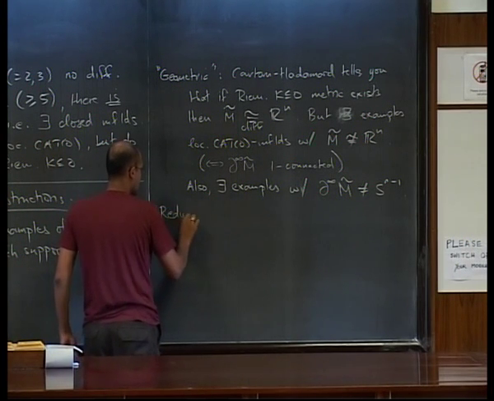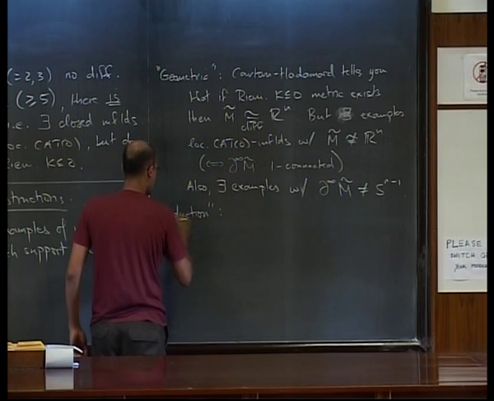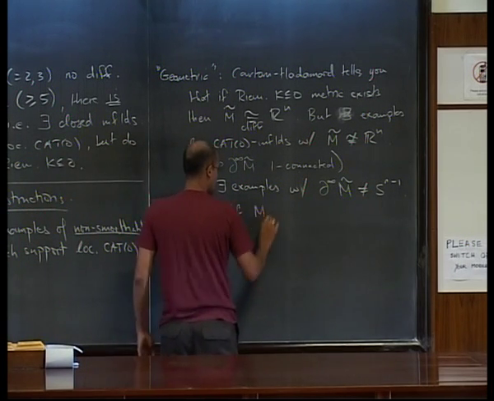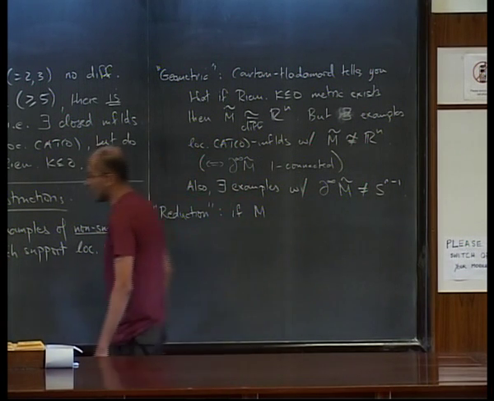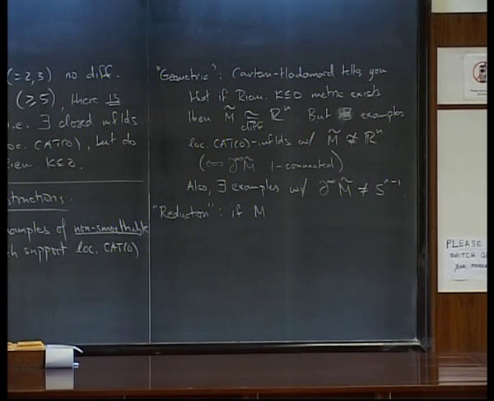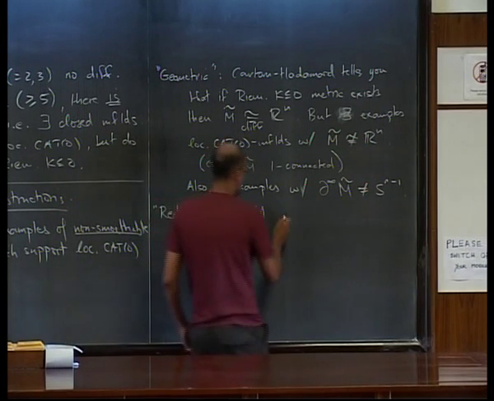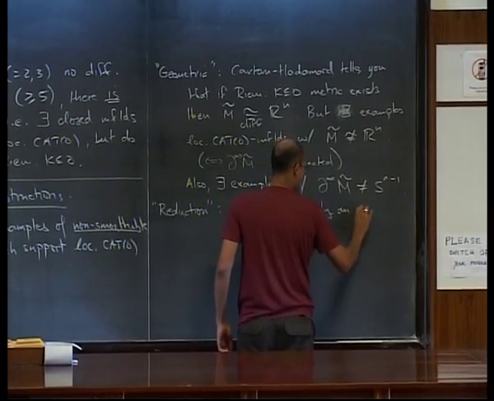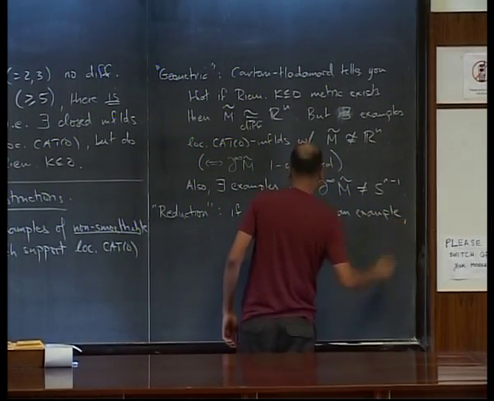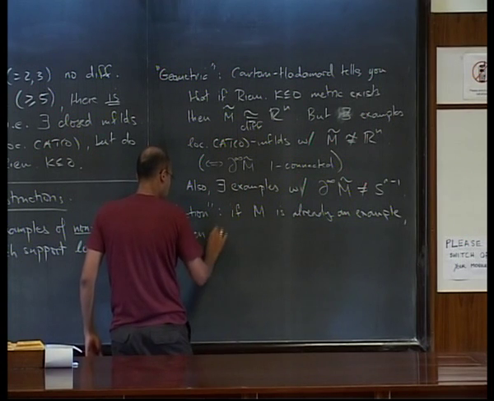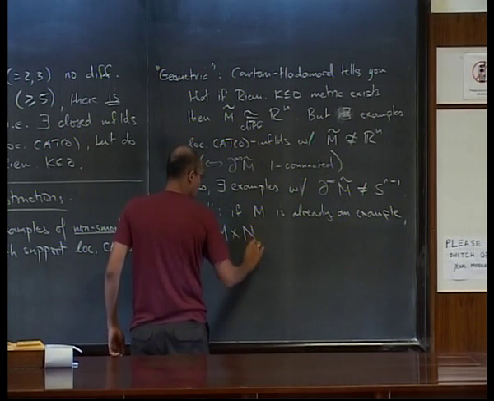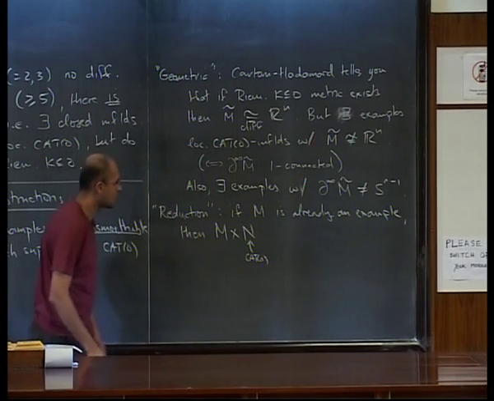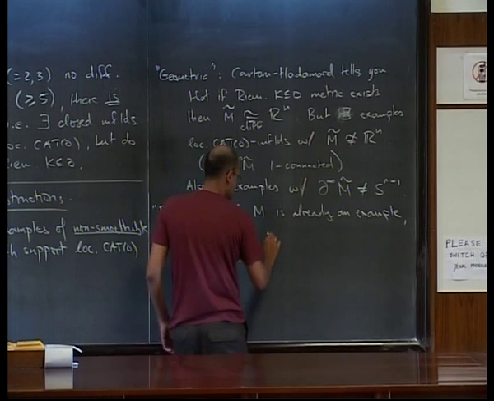And then one last method is a reduction. So if M is a locally CAT(0) metric which is non-smoothable, is already an example, then M cross N, where N is also locally CAT(0), is also an example.